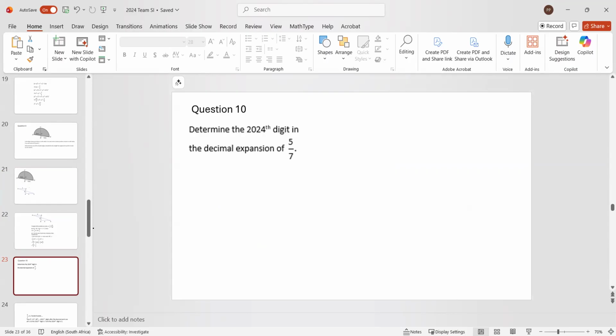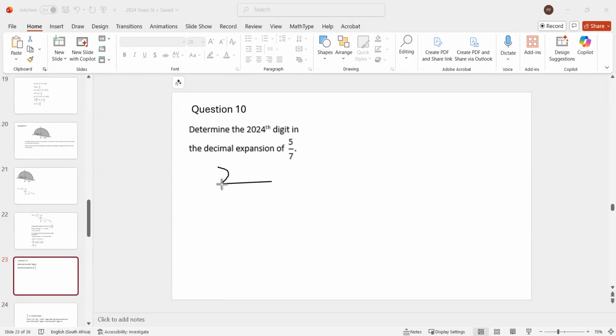Question 10: determine the 2024th digit in the decimal expansion of 5 over 7. I'm surprised that this question came up here, because this is the kind of question that is asked in the first round of the Olympiads. It's a relatively easy question.